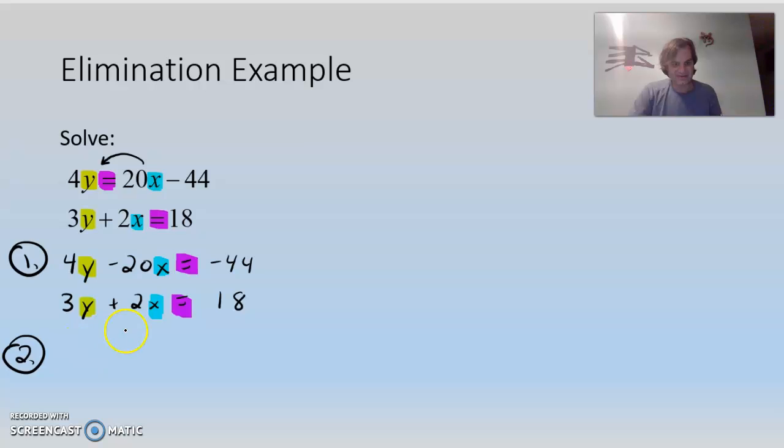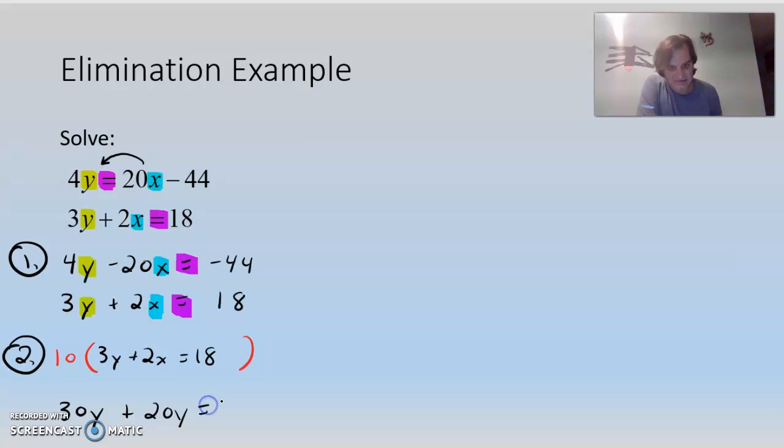But what I would do is take the second one, and since negative 20 is a multiple of 2, I would multiply the second one by 10. So I'll multiply 3y plus 2x equals 18 by 10. If I do that, I'll have 30y plus 20x equals 180.